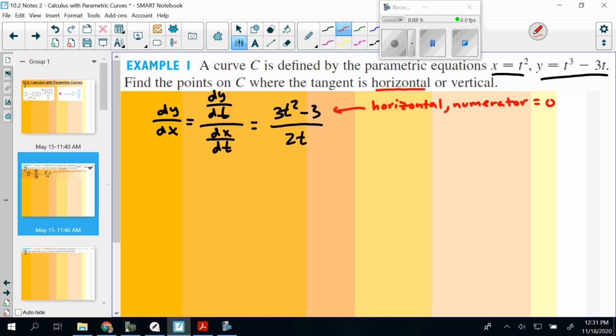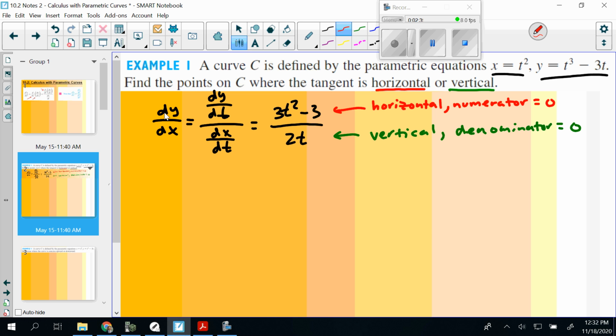If we want to find where the tangent line is vertical, that's going to be the denominator, because if you have 0 on the bottom, you can't divide by 0. That's undefined. That's when you have vertical slope. So for vertical tangents, that's the denominator equal to 0. So let's solve and see what we get.